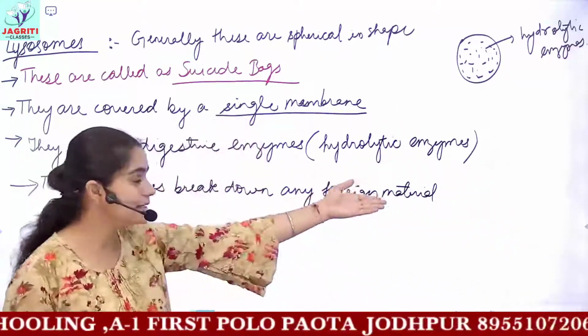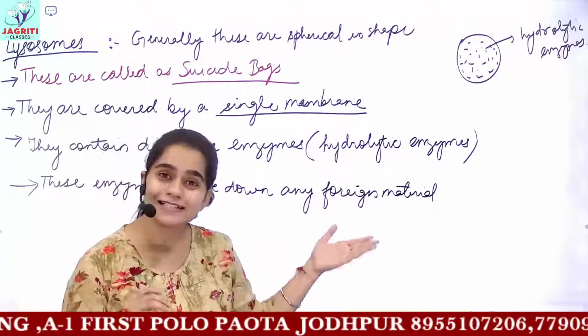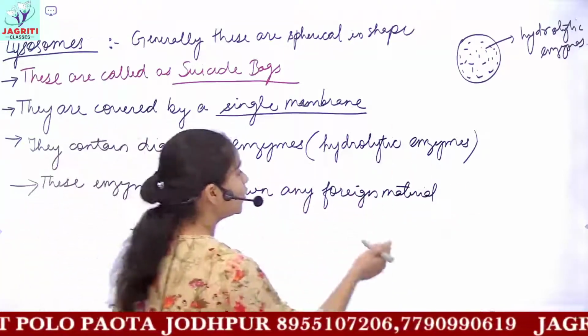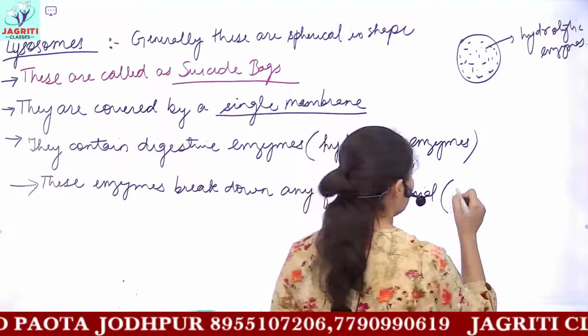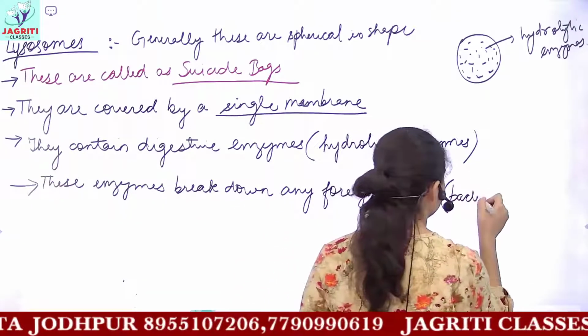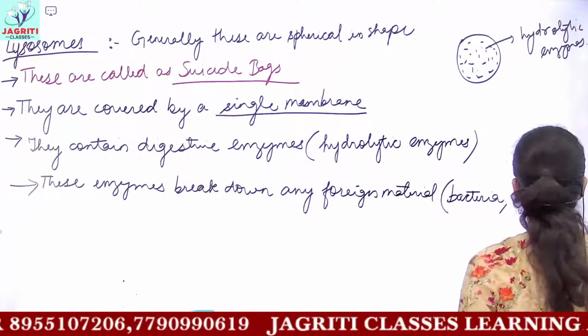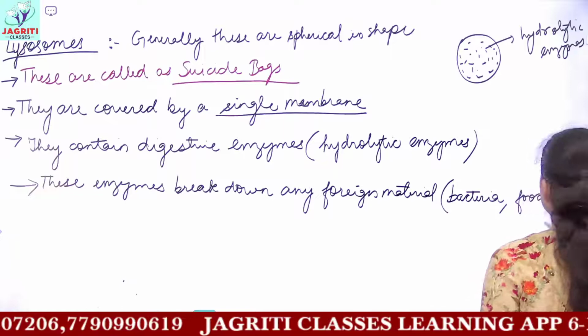That is, any substance which does not belong to the cell, it has entered from the outside of the cell. And this foreign material, for example, can be any pathogen, that is, a bacteria, a virus, or it can be your food particle, or any other material or substance.